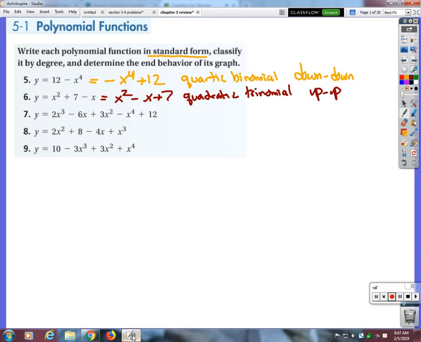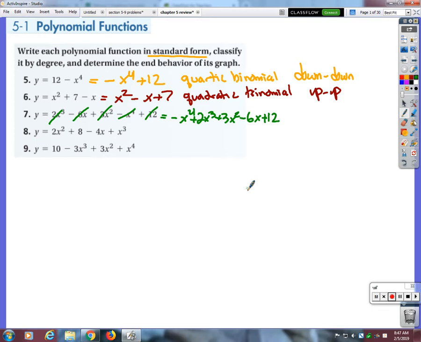All right, Ty, how about number 7? First, put it in standard form. Who comes first? Negative x to the 4th. Yep, okay.